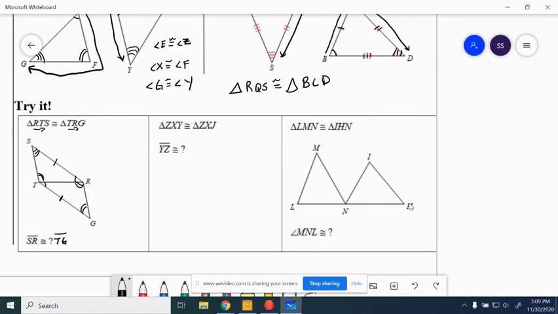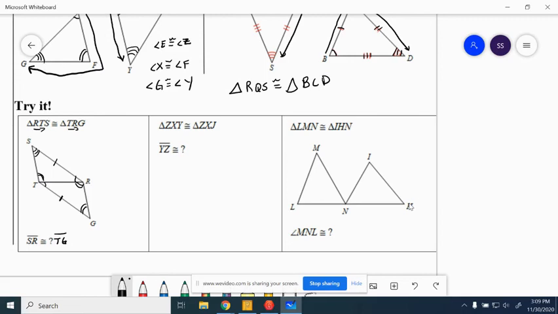So you can certainly go ahead and draw this out, but I want to show you guys a trick. You don't really even need to do that, okay? Because we have triangle ZXY is congruent to triangle ZXJ.